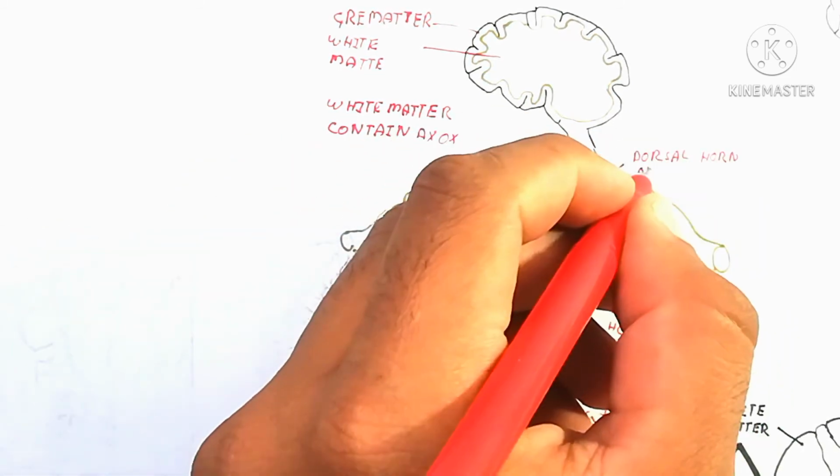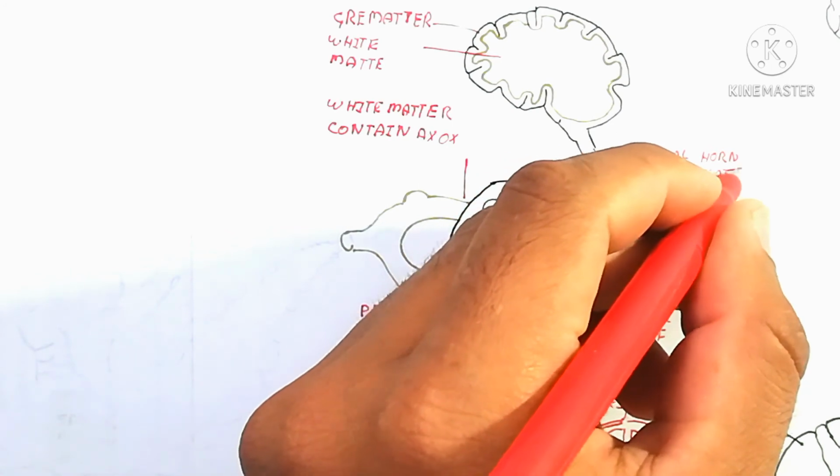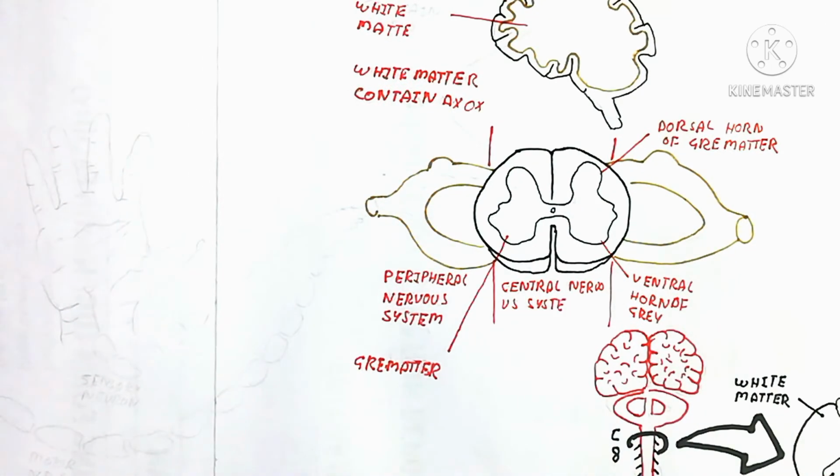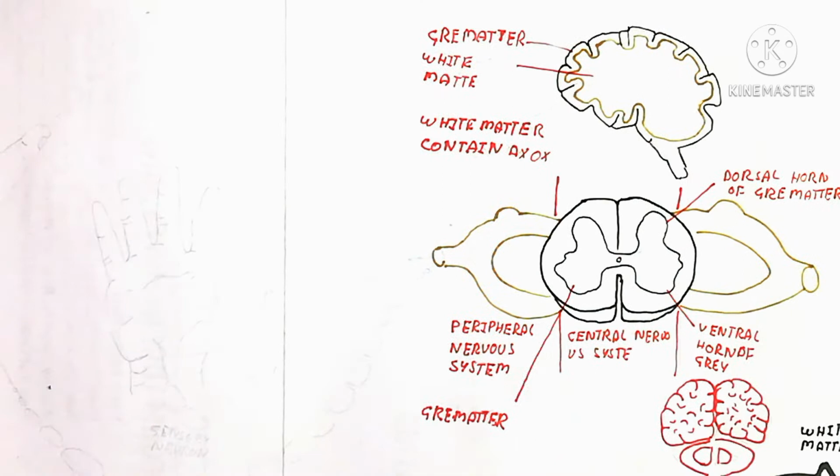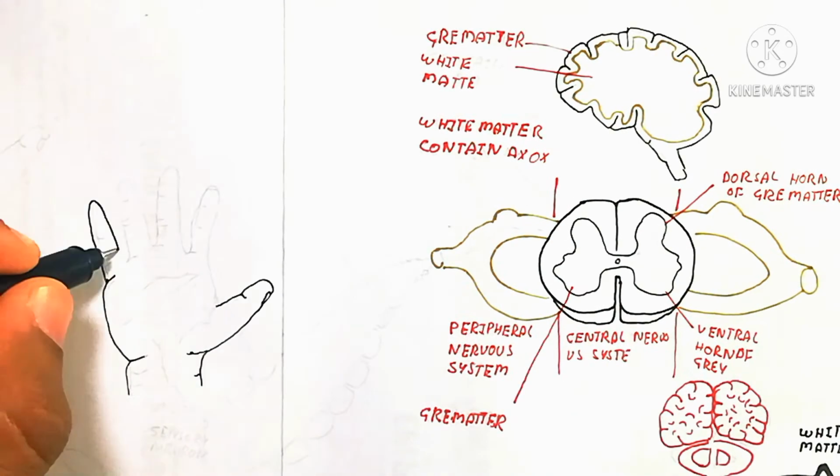That is the dorsal horn of gray matter, and the downside is the ventral horn of gray matter. This butterfly structure in the center is known as the neural canal.